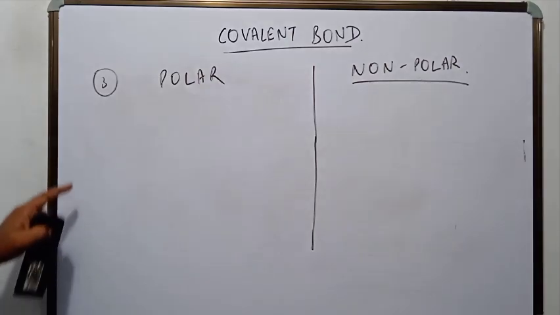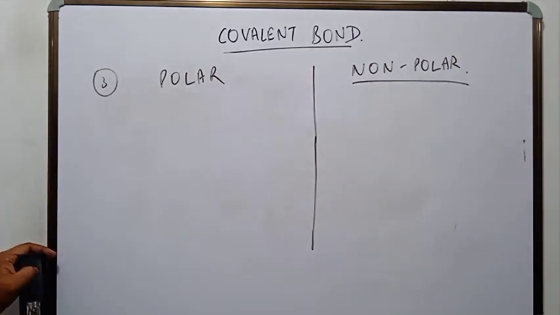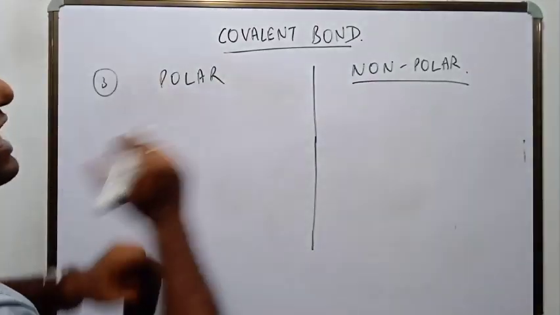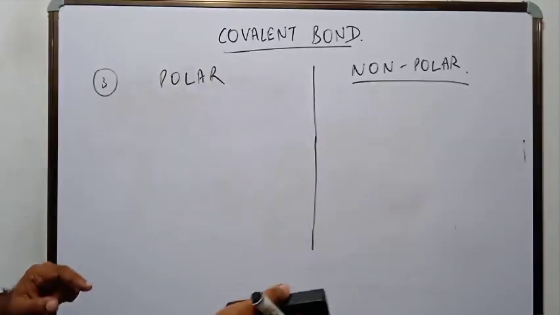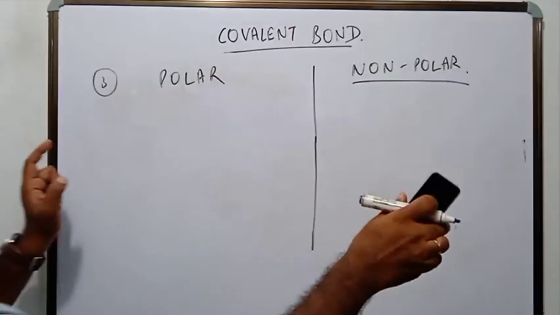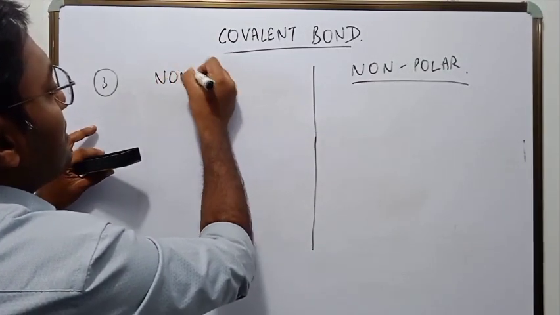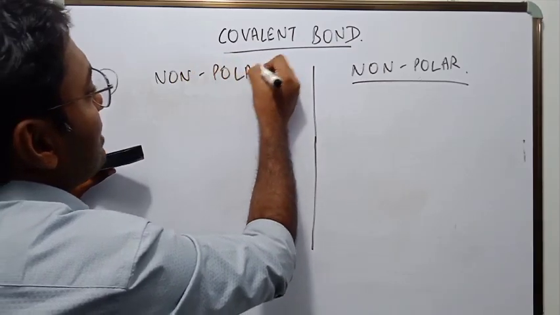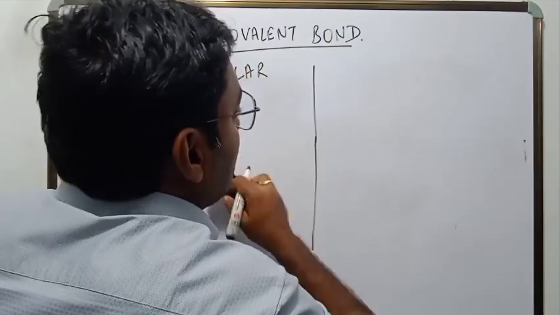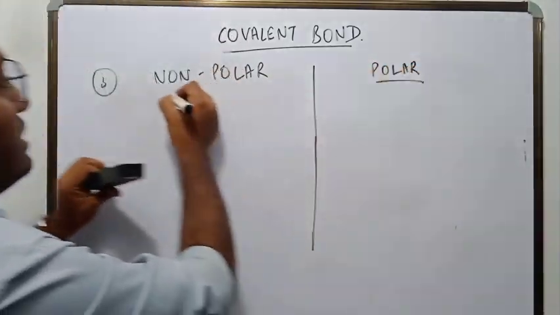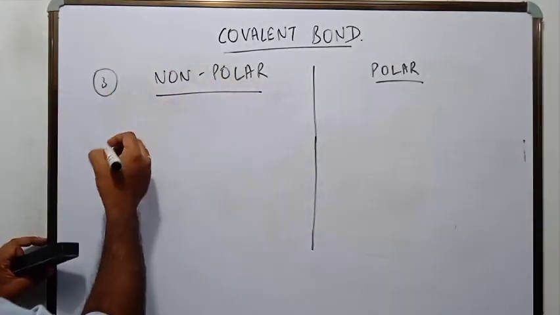In polar there are charges developed along the bond length, and in non-polar no charge exists. I'll write non-polar here and explain non-polar first, and then I'll explain polar. So what happens in non-polar is identical atoms.